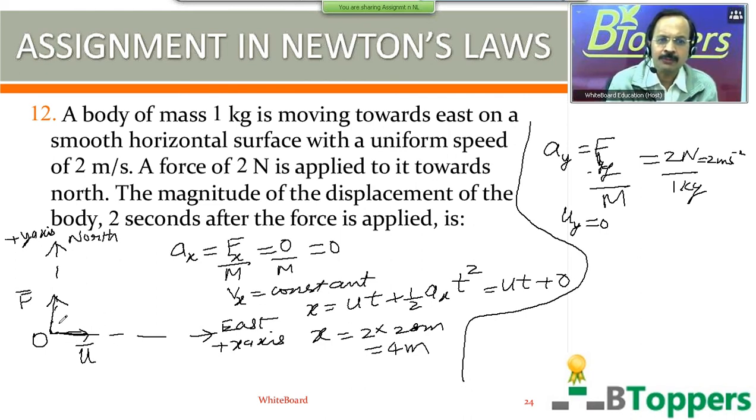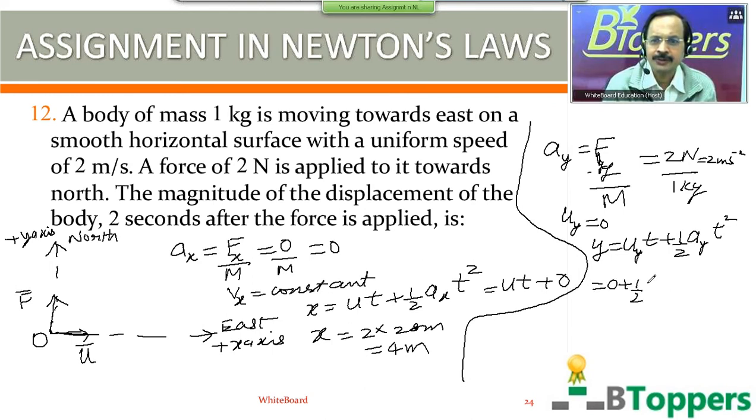You can say its rectangular component along y-axis is 0. So displacement parallel to the y direction after 2 seconds can be found by using the equation s equal to ut plus half at square for motion parallel to y-axis. So initial velocity in the y direction is 0, acceleration in the y direction is 2 meter per second square, t equal to 2 seconds.